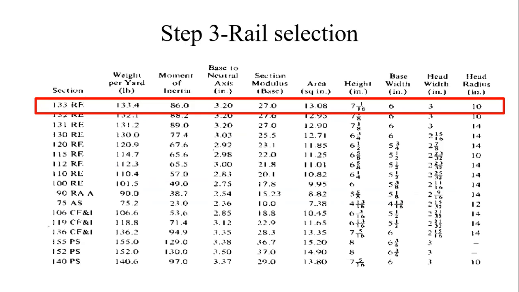Normally, if you select one rail section, for instance 133 RE, then you have different values. 133 means 133 pound per yard weight of the section. Its moment of inertia is 86, neutral axis is 3.20, section modulus 27, area 13, height 71.16, base width 6, head width 3, and head radius 10.